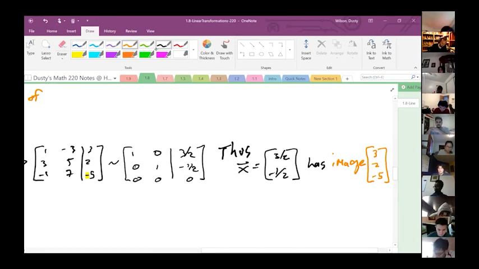So our mapping is going from here to there under the linear transformation T of x equals Ax.